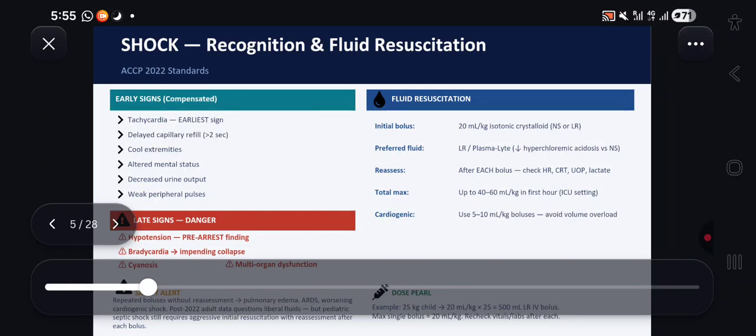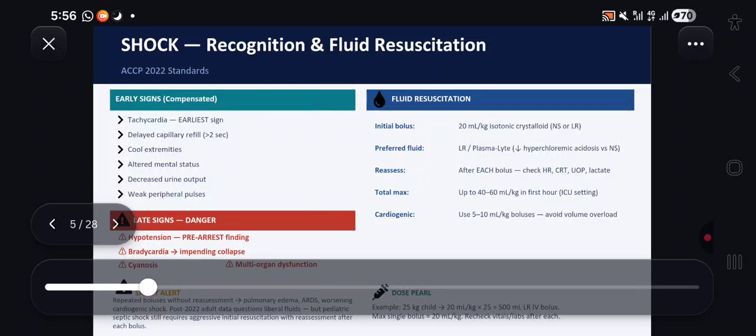Fluid resuscitation, I will start with a bolus. It's considered a standard in most of the pediatric population, with some exceptions, with 20 ml per kg of isotonic crystalloid, normal saline, or lactated Ringer's. Lactated Ringer's or Plasma-Lyte is preferred, because if the patient is heavyweight and needs more fluid and I use normal saline, there is some risk of hyperchloremic acidosis because of the high percentage of chloride in the normal saline, so it can cause a kind of acidosis.